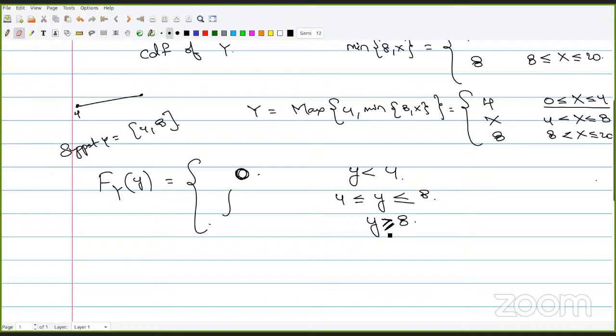Okay, we will write it collectively. So y taking values between 4 and 8 is simply the integral from 0 to 4 of the density dx plus the integral from 4 to 8 of x dx.